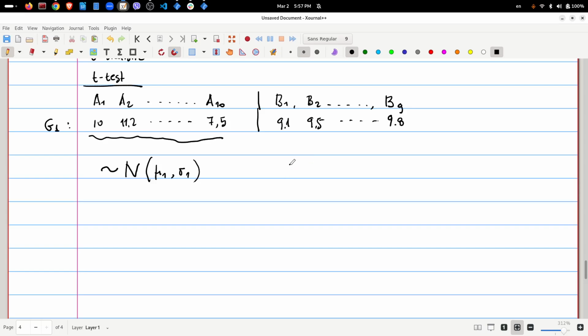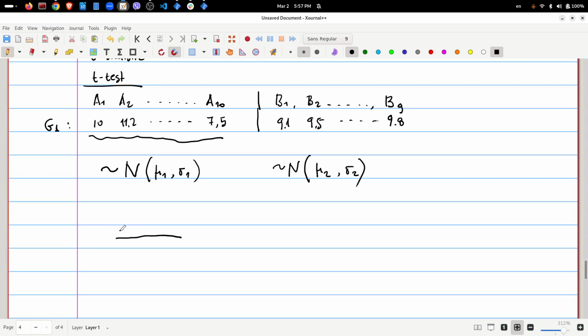And also these values are coming from another normal distribution with some mean and some other standard deviation. So the assumption here is that all these 10 values are realizations of this normal distribution, and these 9 values here are realizations of this normal distribution.